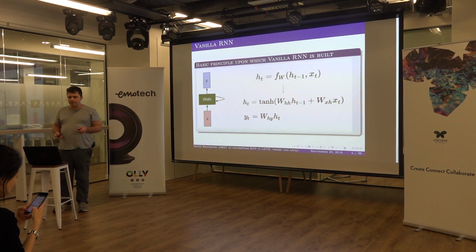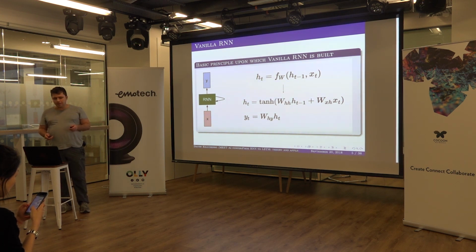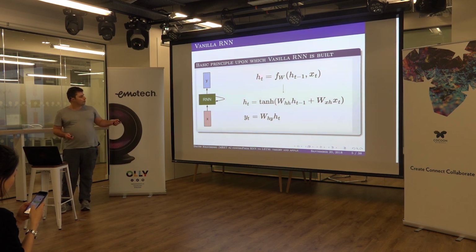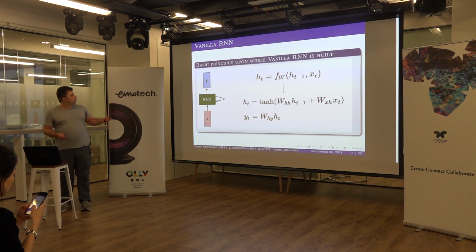A recurrent neural network is a network that consists of a hidden state h and an optional output y, which operates on a variable length sequence x. At each time step t, the hidden state h_t of the RNN is updated. So an RNN only has a hidden state, and it can also have an optional state y, which is an output of the RNN.